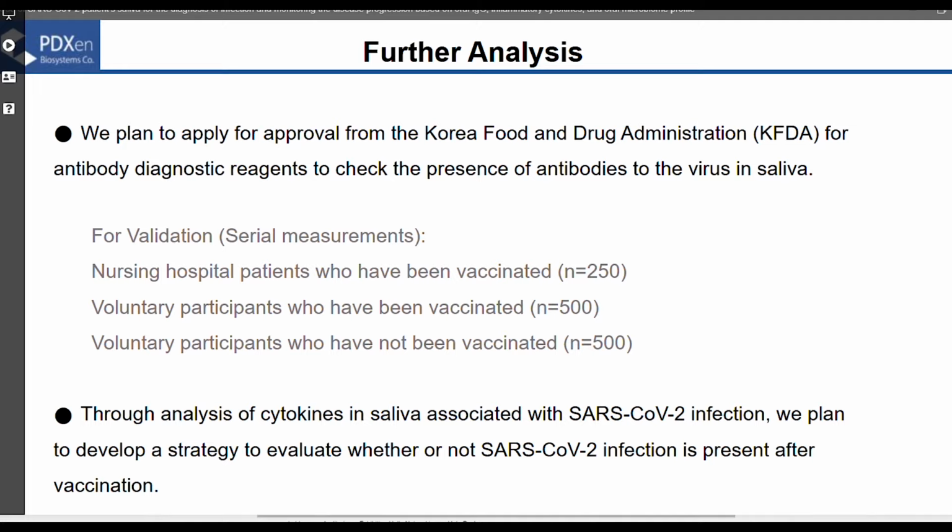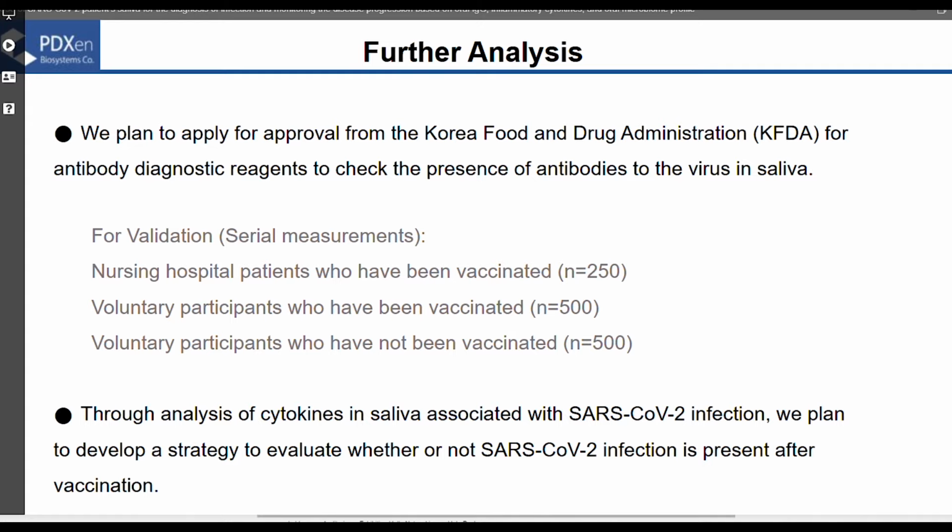Then we open it up to anybody who wants to test their IgG level after vaccination, and we are collecting around 500 people. There are also volunteers who say they don't have vaccinations but want to check, and we might check whether they are infected or not. Basically, symptomatic people go to hospital, but we are focusing on asymptomatic populations.